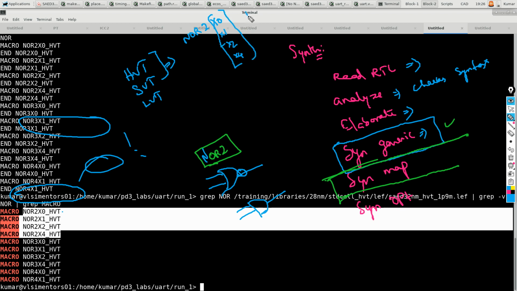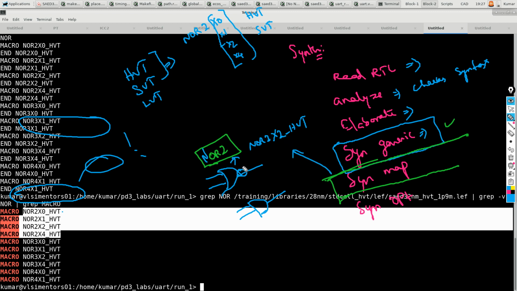Then say you have HVT and SVT available for the tool to use. So the tool would pick either x0, x1, or HVT or SVT, any of that, and then map it to that particular cell. So it is going to be NOR2x2_HVT. Now this is what we call the mapping.